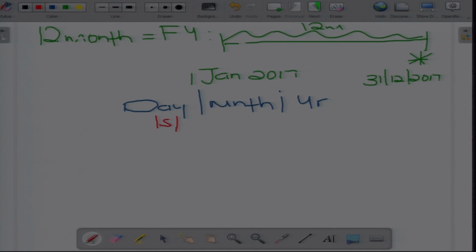The month will always be the next month. And the year will always be the previous year. So the day is always the first, the month is always the next month, and the year is always the previous year. Okay, let's test this.